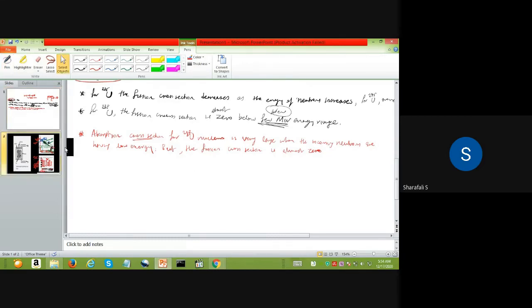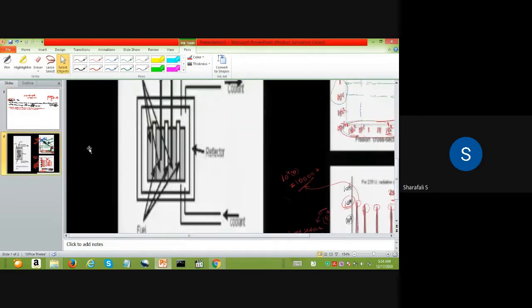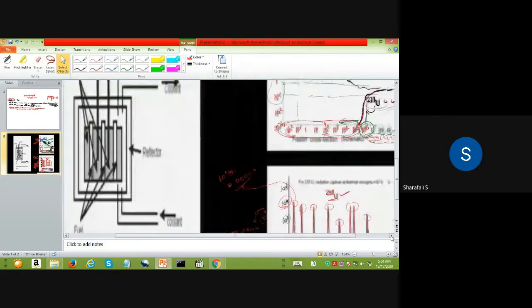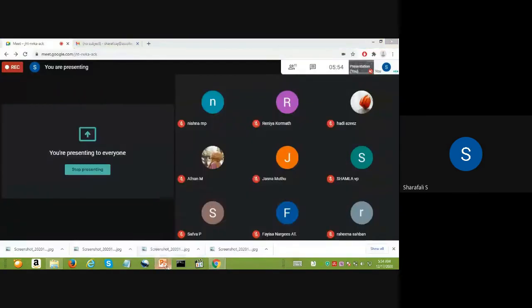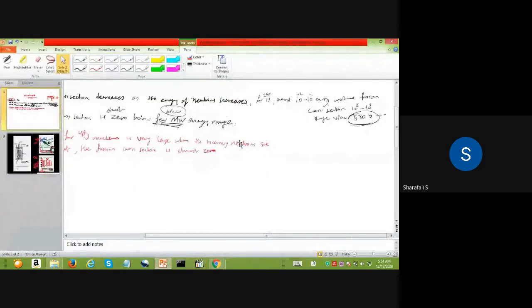When you consider that figure, you can see in the first figure there is nothing. Only if you go beyond this line will it come. So you can say 10 raised to minus 3, 10 raised to minus 4, all those things. So it is almost zero. The fission cross section is almost zero for low energy neutrons.